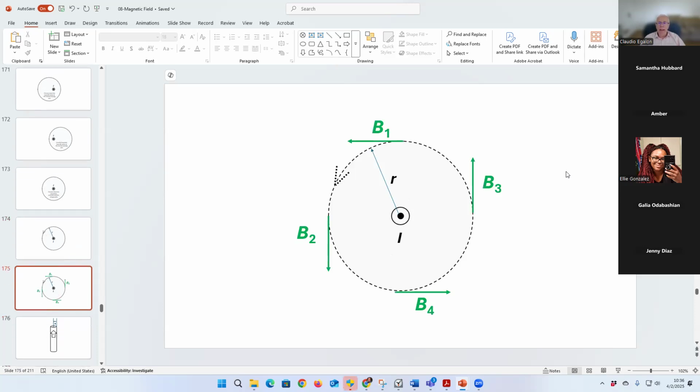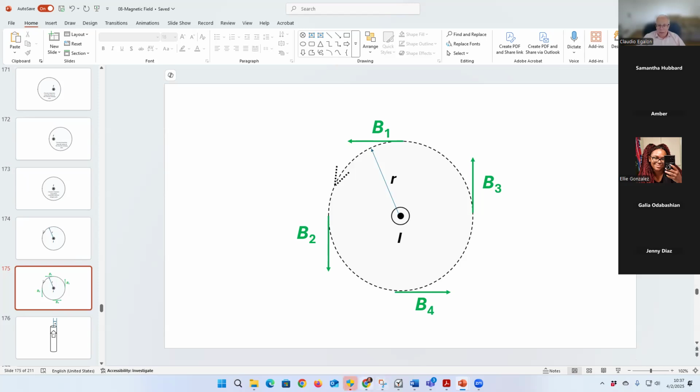Because of that, the magnetic field is going to be counterclockwise as well, and tangent to this path. So we have, let's say, 40% of the problem solved for now.